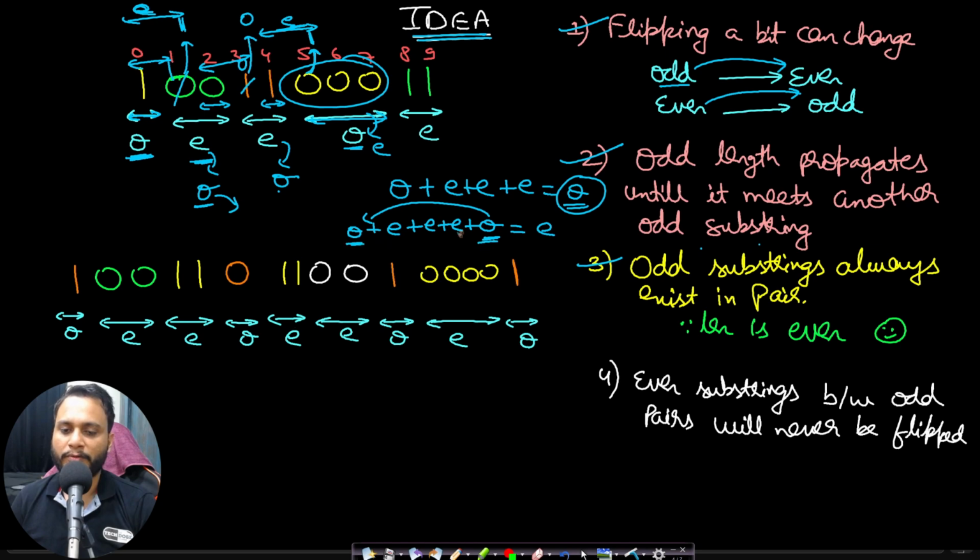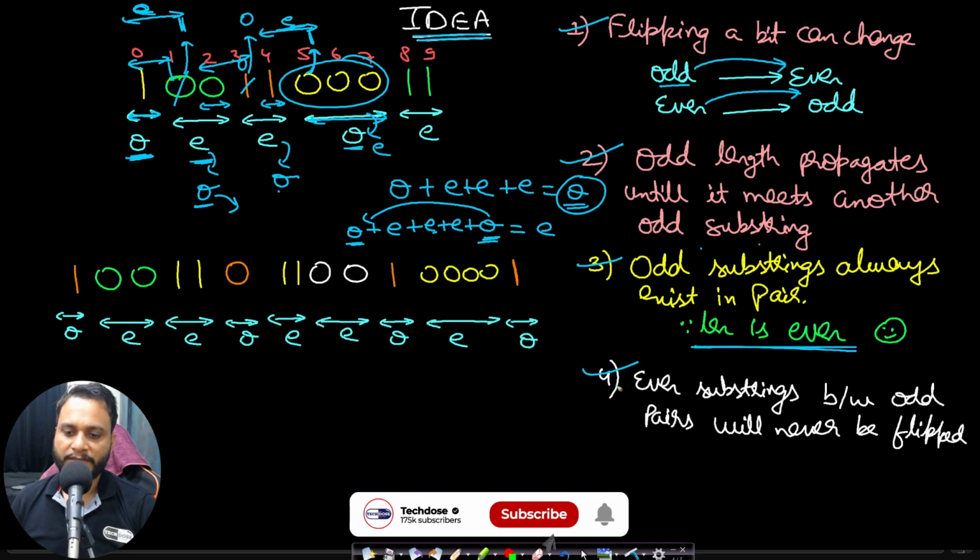And odd plus odd will always become an even number. Otherwise you can keep on adding even with even, it will always be even, and even with odd will always be odd. So if you have an odd length substring, you will always have another odd length substring as a pair, because the entire length is guaranteed to be even. You can just think about it.